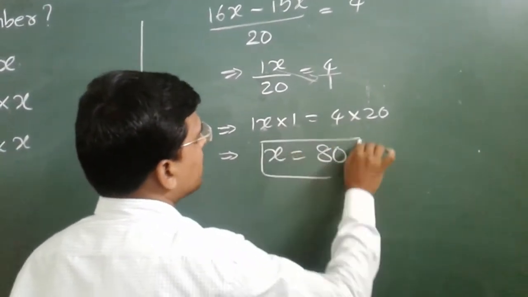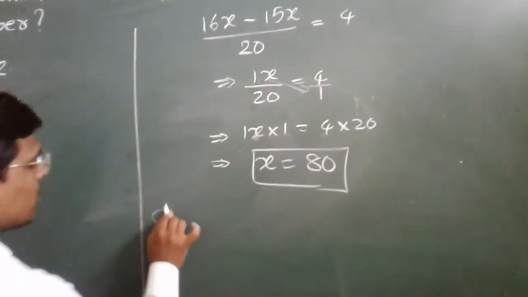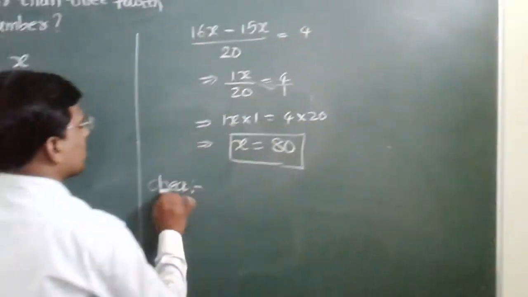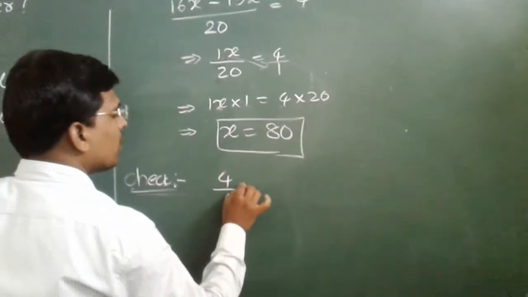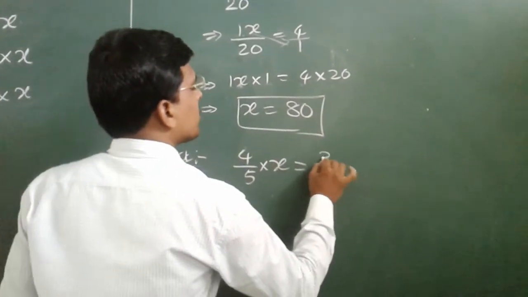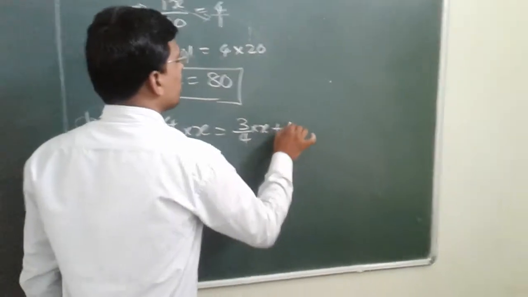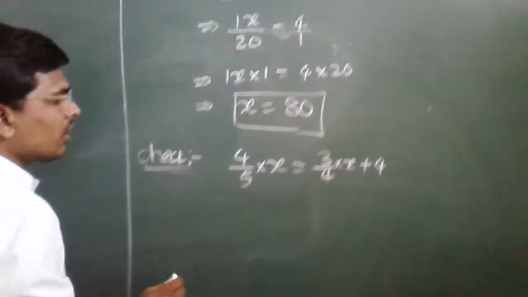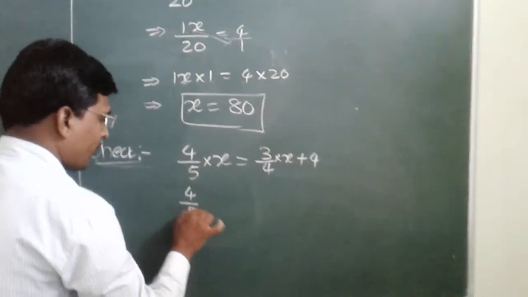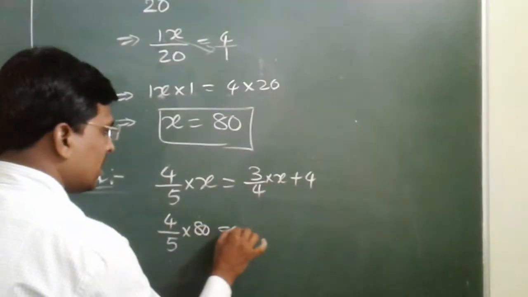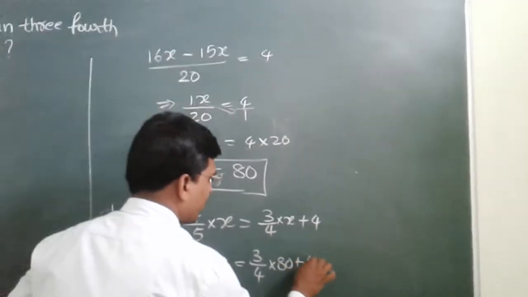So what is the value of x here? x is equal to 80. Now let's check the answer: 4/5 of a number is greater than 3/4 of a number by 4. Substitute the x value here: 4 by 5 into 80 is equal to 3 by 4 into 80 plus 4.